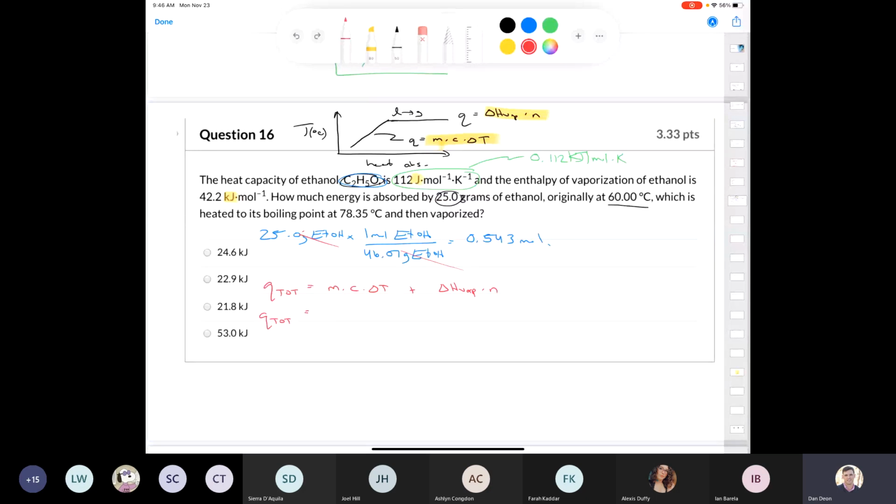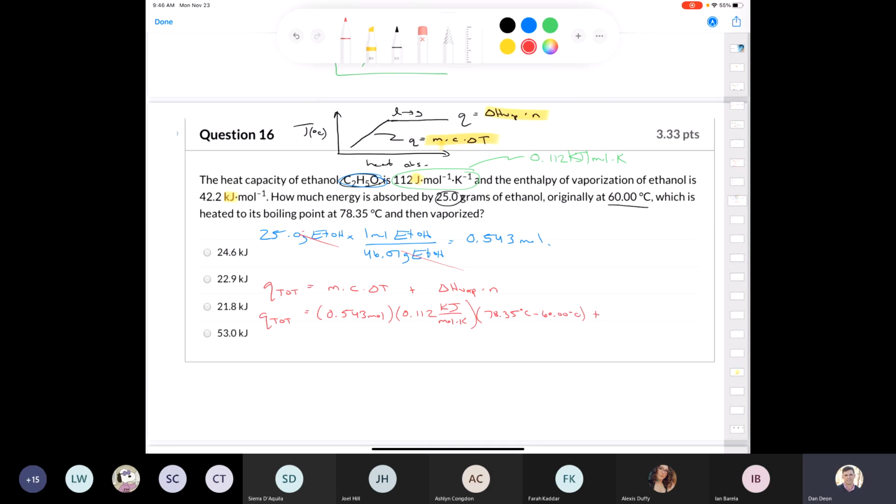So why don't we just use the number of moles? So 0.543 moles, multiplied by my specific heat capacity, which is 0.112 kilojoules per mole Kelvin. And then our delta T, which is going to be 78.35 degrees Celsius subtract 60.00 degrees Celsius.